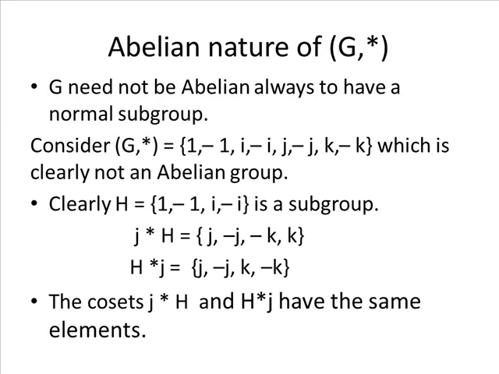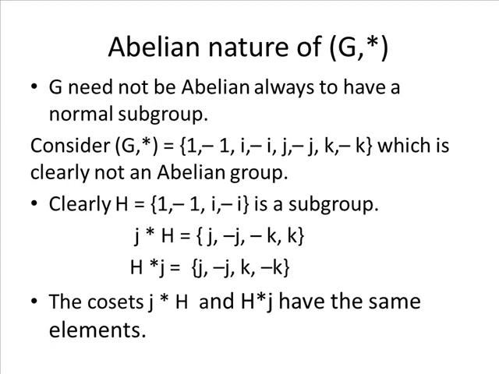Surprisingly, this subgroup H of a non-abelian group G star actually gets the extra status of a normal subgroup. Now when I operate the element j on this subgroup from the left, I get j, minus j, k and minus k, but I also get the same set of elements when I operate the element j on H from the right.